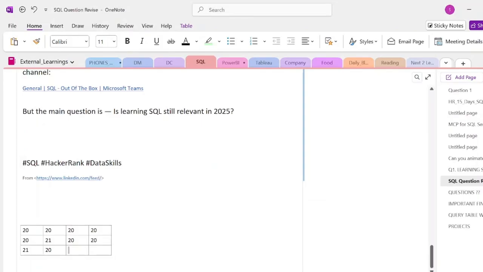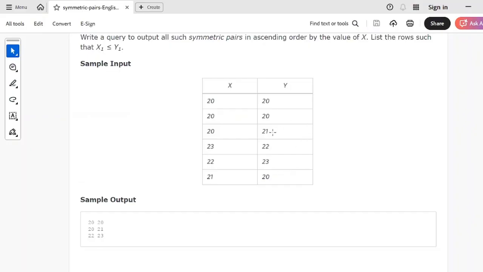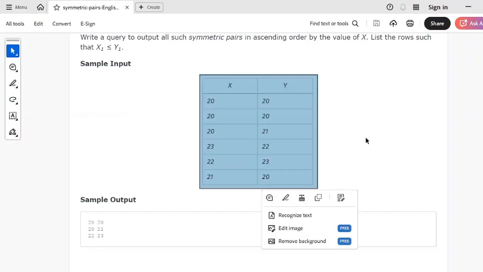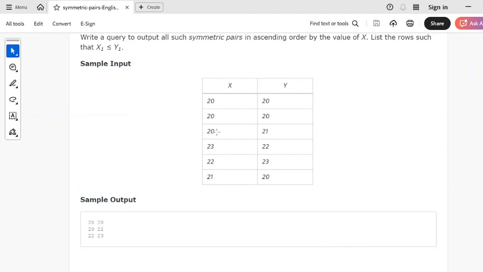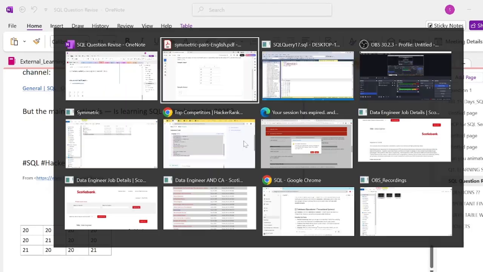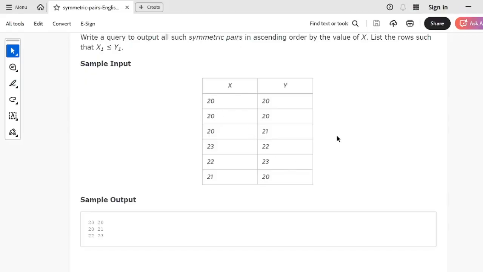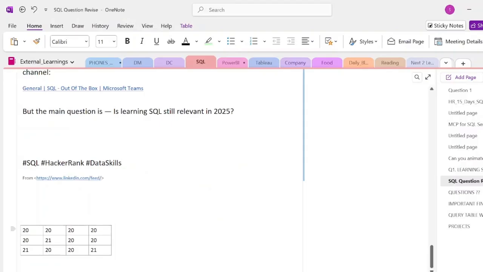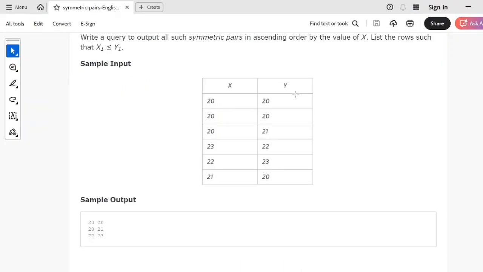So this is going to go like this. Now for y, whom it is going to join, the value of x is 20. So this is how it's going to look at the end when you join this table of x with y.